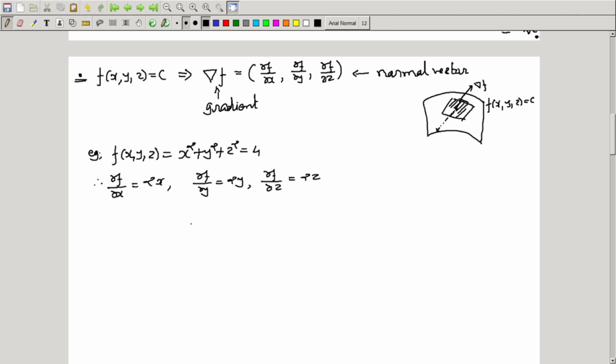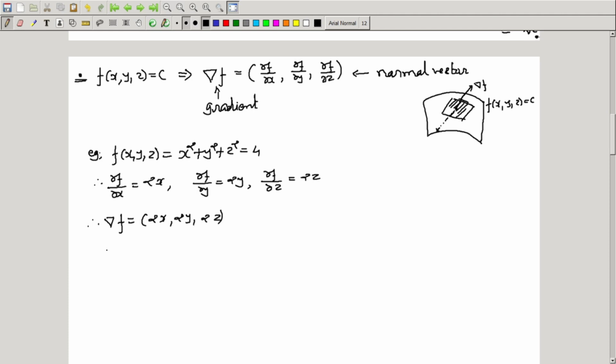See, this is a very important concept. Try to understand the structure of this, because magnetic theory, vector fields, everything is related to this, right? So the gradient of f is this: 2x, 2y, 2z.